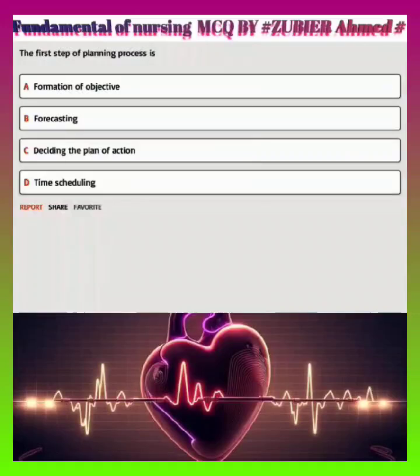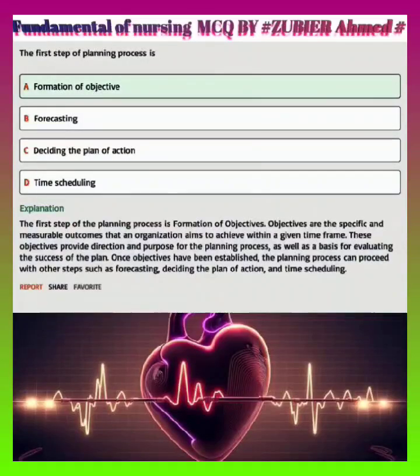The first step of the planning process is A. Formation of objective. B. Forecasting. C. Deciding the plan of action. D. Time scheduling. Correct answer: The first step of the planning process is formation of objectives.